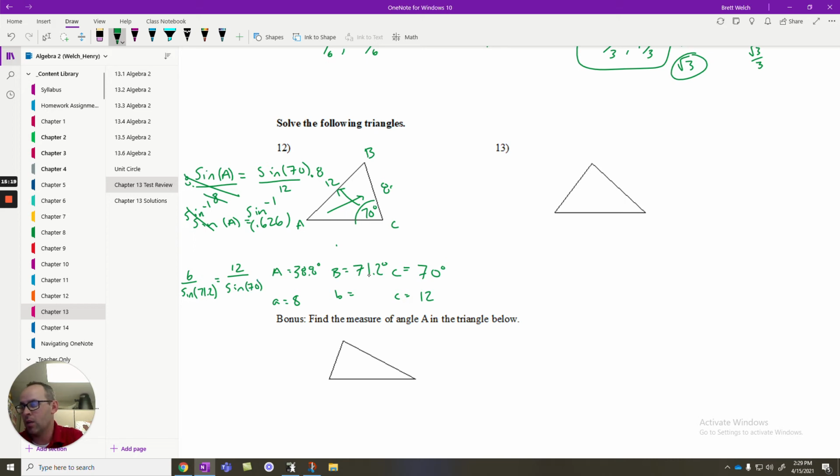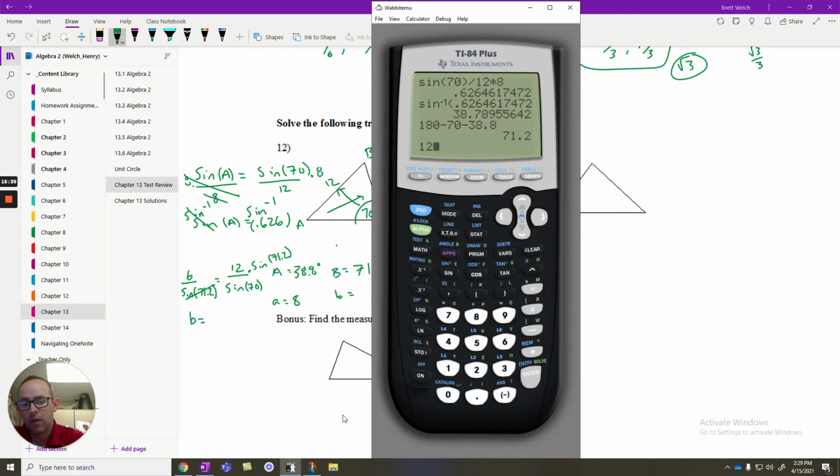To get little b alone, I'm going to have to multiply by the sine of 71.2. That'll get rid of the sine down there, and then b will be alone. So I just need to put this in my calculator. 12 divided by the sine of 70, close my parentheses, times the sine of 71.2. And if we do that, we get 12.088, so we're going to round that to 12.1.